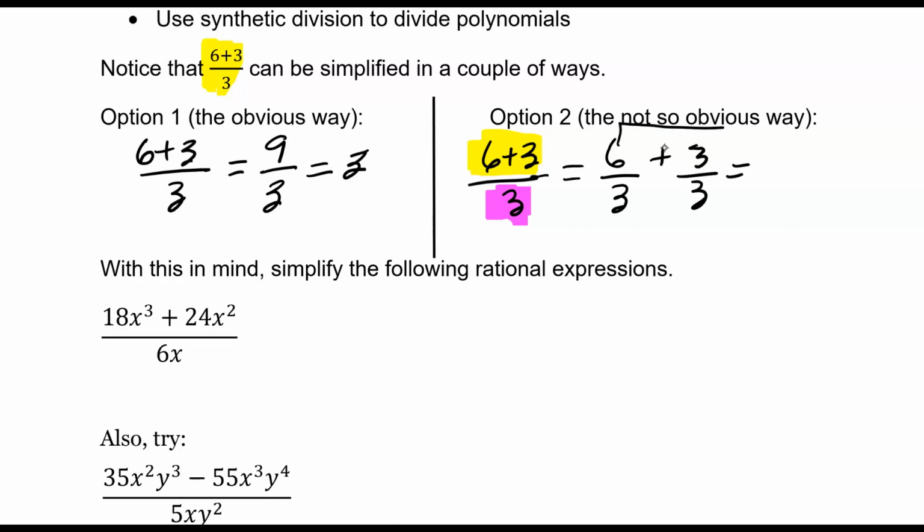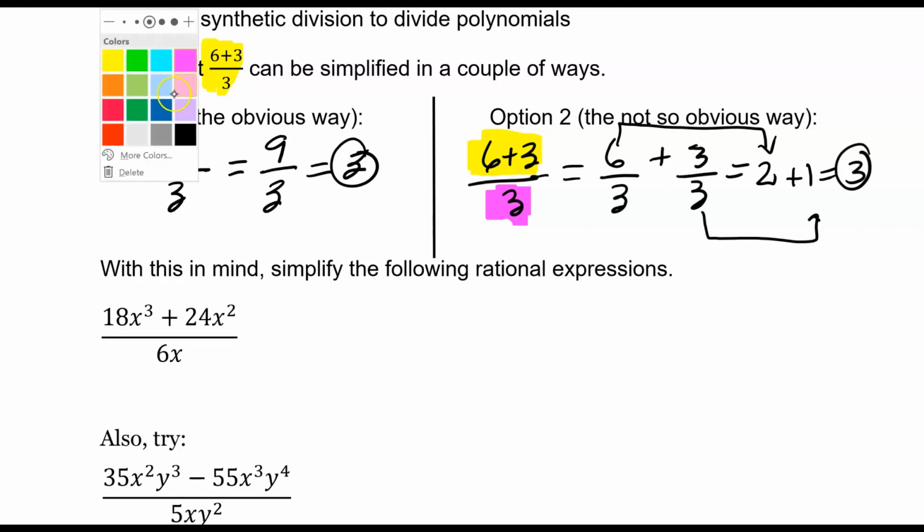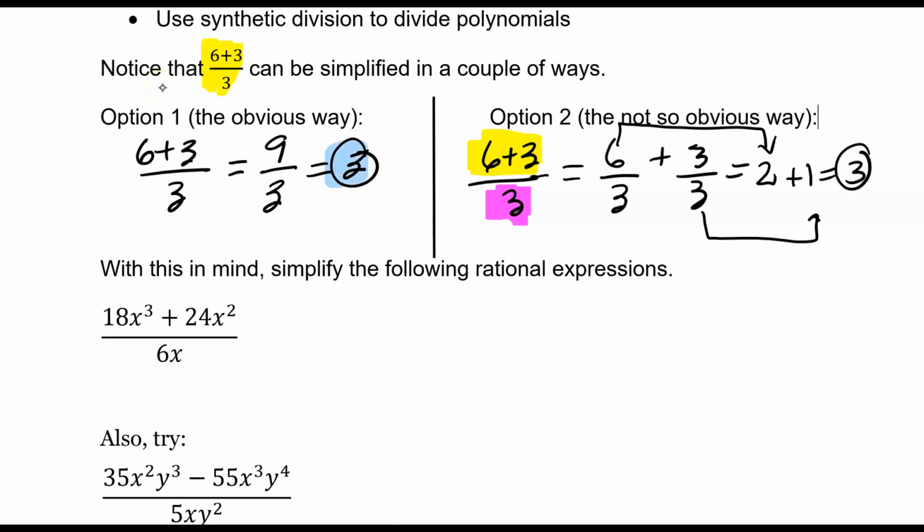And what is 6 divided by 3? It's 2. What is 3 divided by 3? It's 1. So we still get 3 for our answer. So notice we get the same answer of 3.